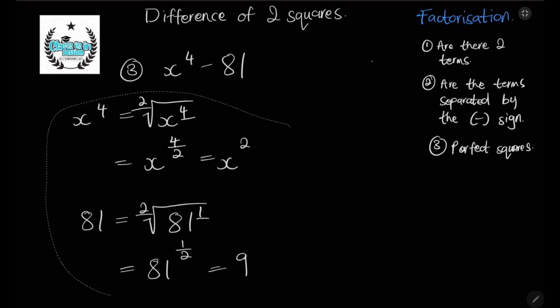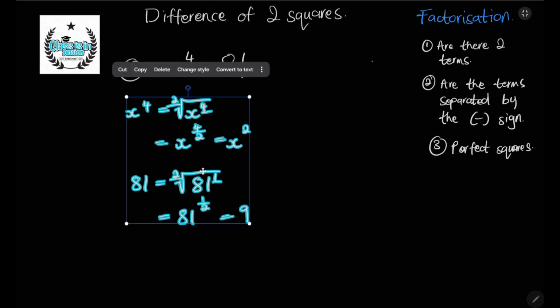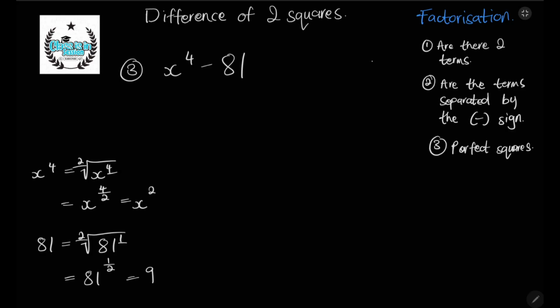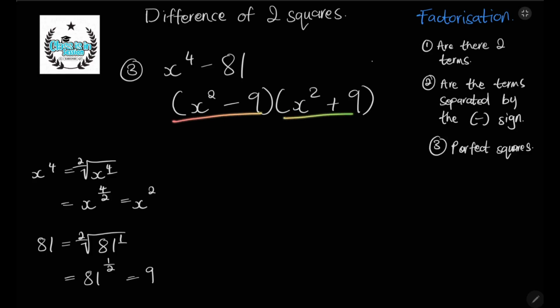Let me minimize this. Open the first bracket, we have x squared minus 9. And in the second bracket, we should have x squared plus 9. Same terms, different signs.